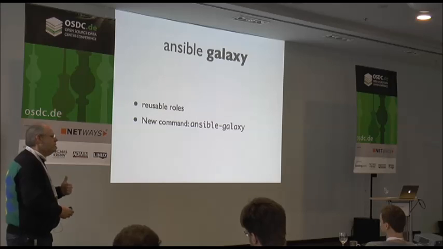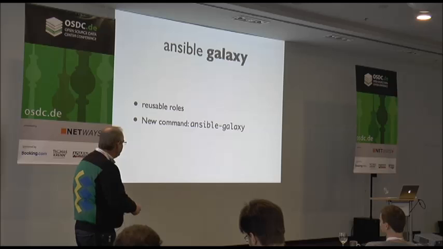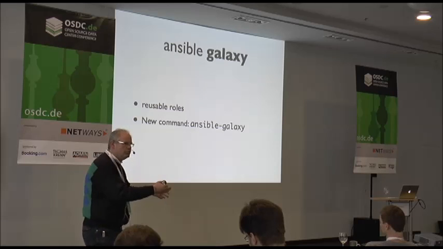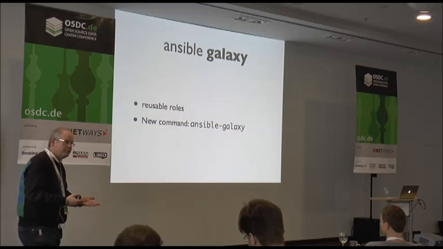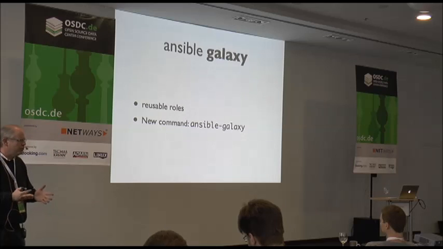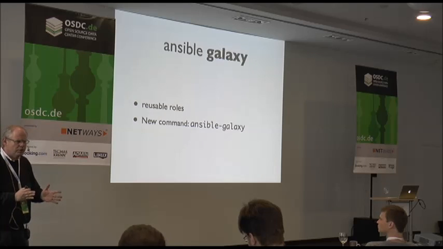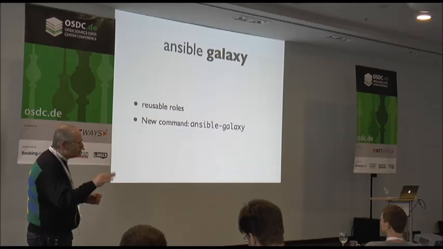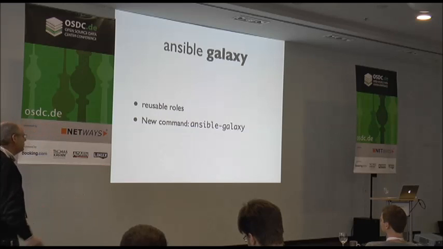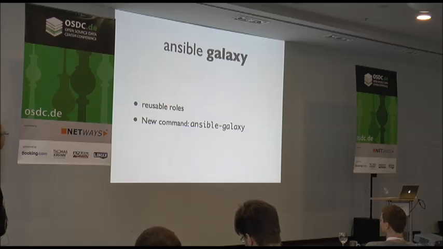That allows me, as a potential user of that role, with the new command ansible-galaxy, to simply download that role and start using it. I think so far there must be about 400 roles on Ansible Galaxy. And there's a voting system. You can rate them whether good or not good, etc. Quite interesting.